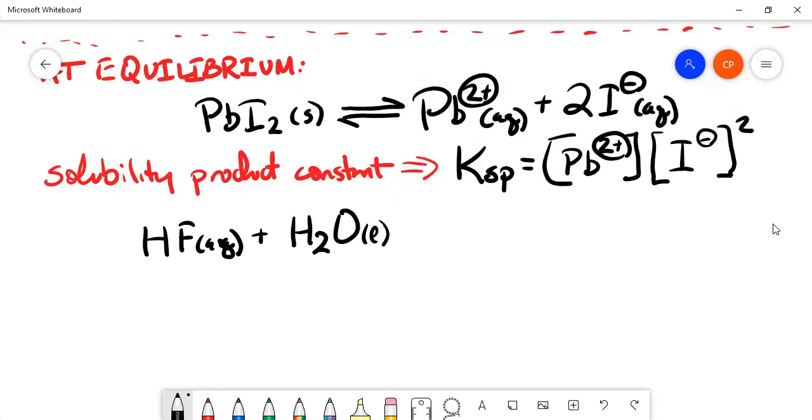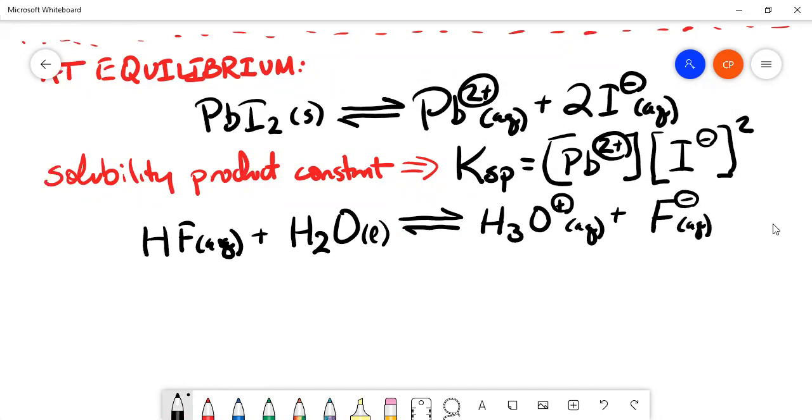Gen Chem 1 nomenclature reminder, what's HF in the aqueous phase? If it was in the gas phase, it'd be hydrogen fluoride. But in the aqueous phase, it's what? It's hydrofluoric acid.